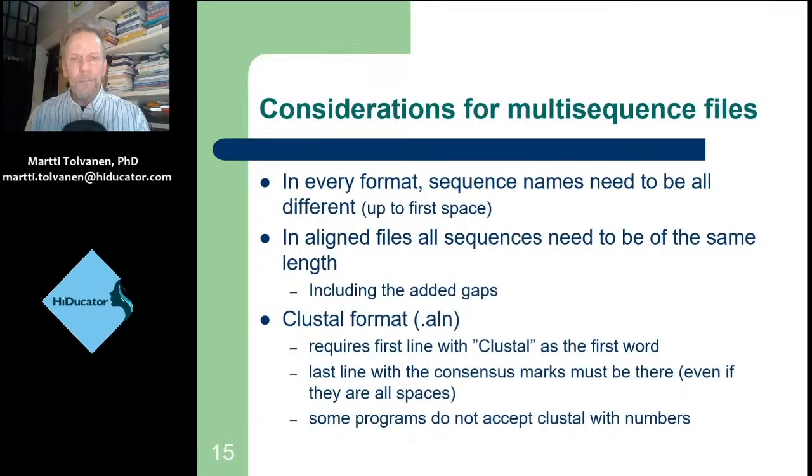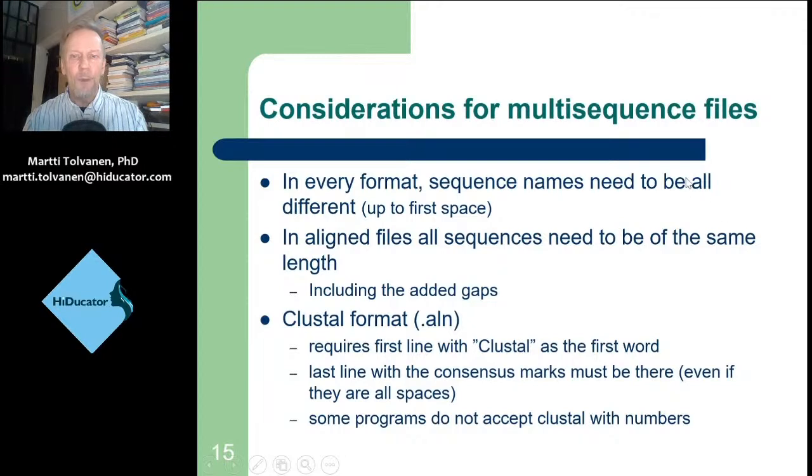Now, the numbered cluster format is sometimes refused. There are programs which just don't recognize cluster with numbers because it's a new thing that's been around only for 15 years or so, and not every program has had time to update their definitions.